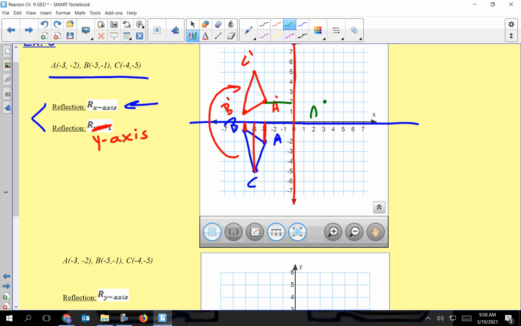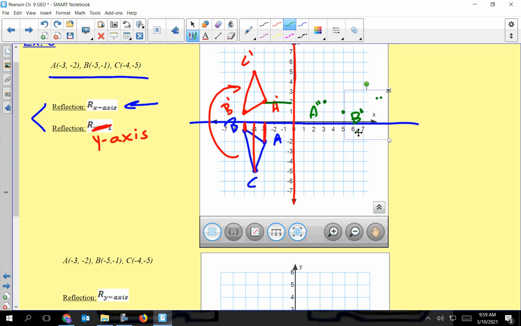That's going to be A, and we'll now use 2 prime symbols because this is the second movement. Then we're going to take B, and it's 5 away, so I got to go 5 to the other side. We'll call that B double prime.